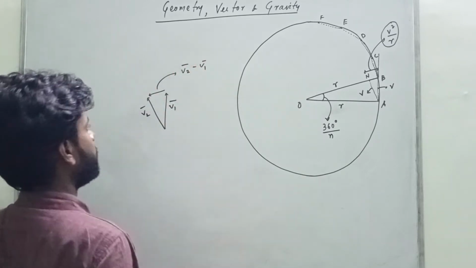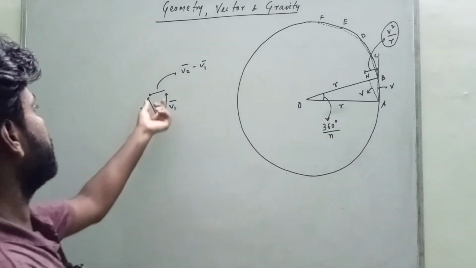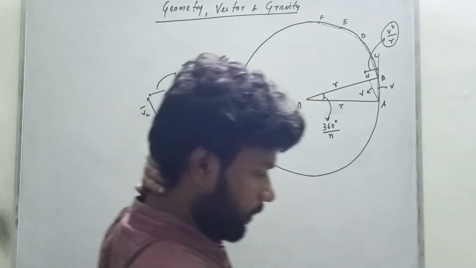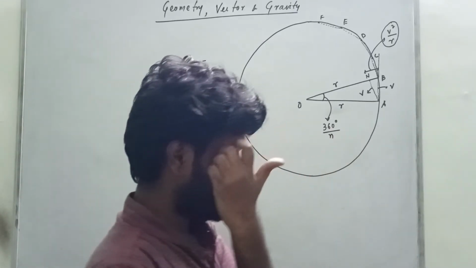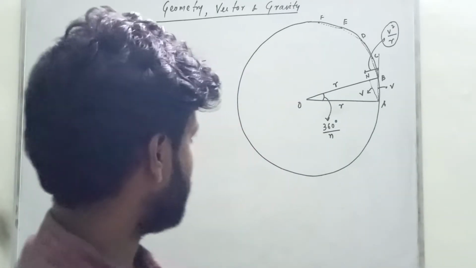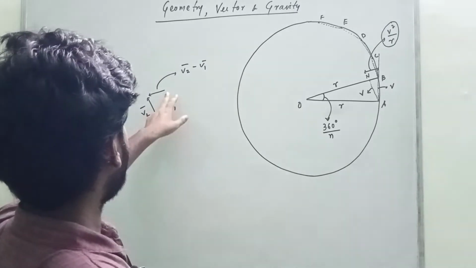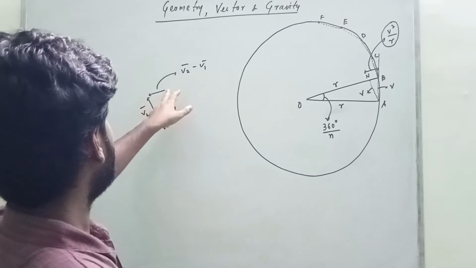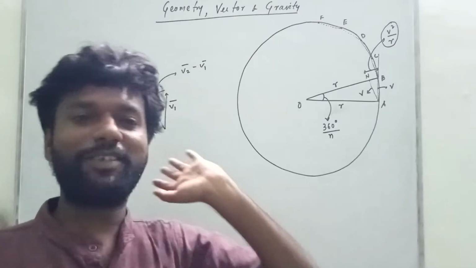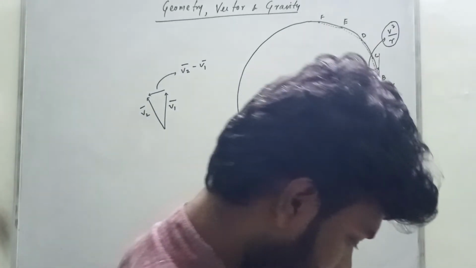The subtraction of v1 from v2 is this arrow. I introduced this previously in our vector lecture series, part 3, the subtraction rule of vectors. If it is v1 and it is v2, then obviously this line and these arrows will go to v2 minus v1.